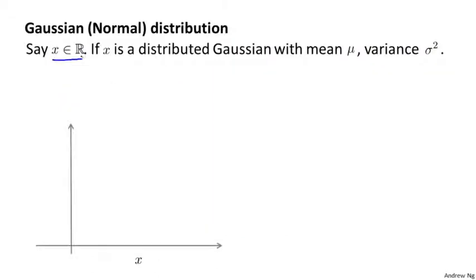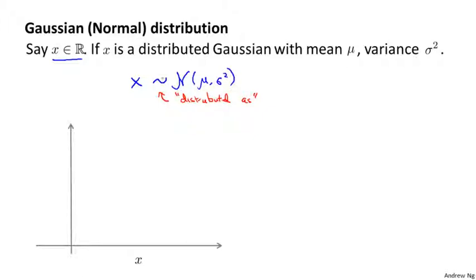Let's say x is a real-valued random variable, so x is a real number. If the probability distribution of x is Gaussian with mean mu and variance sigma squared, then we'll write this as x, the random variable, tilde, that's this little tilde, read this, is distributed as, and then to denote the Gaussian distribution, we're sometimes going to write script N parentheses mu comma sigma squared.